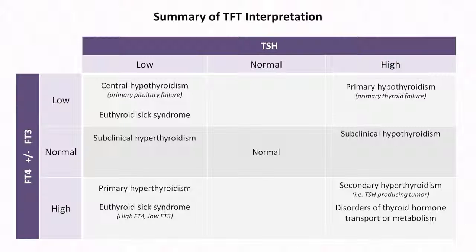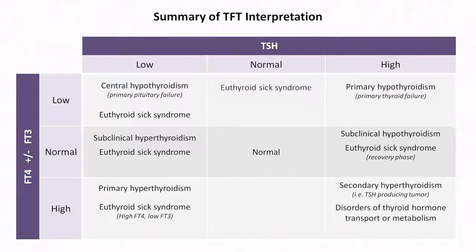In addition, a low TSH with normal T4 and T3 can also be from euthyroid sick syndrome. A high TSH with normal T4 and T3 can occur during the recovery phase of euthyroid sick syndrome. A normal TSH with low T4 and T3 can be from euthyroid sick syndrome, and a normal TSH with high T4 and T3 is sometimes seen in acute psychiatric illness.